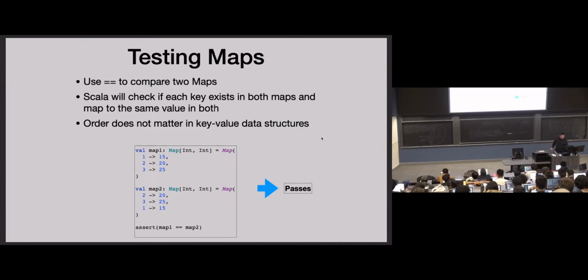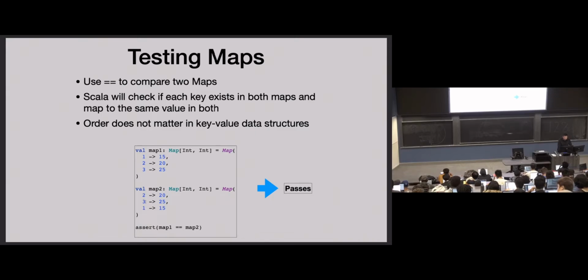So we're saying, do these 2 maps equal each other? These 2 maps are defined in different orders. But remember, in key value stores, the order doesn't matter. These keys map to these values. It doesn't matter which order we add things to these maps. So even though these are different orders, Scala is going to ask, do these 2 maps contain the same keys?